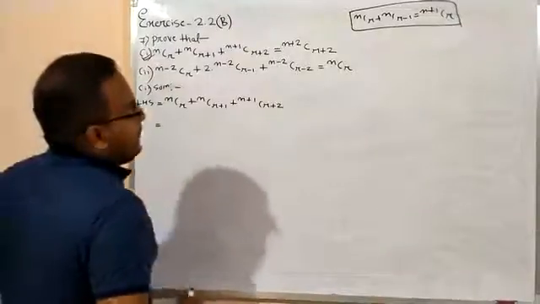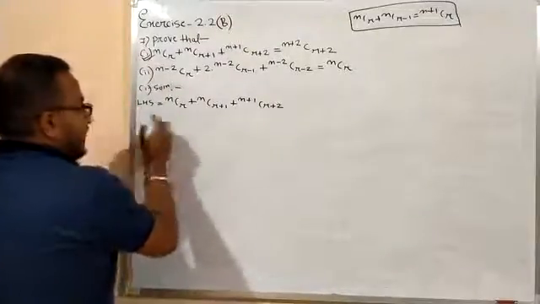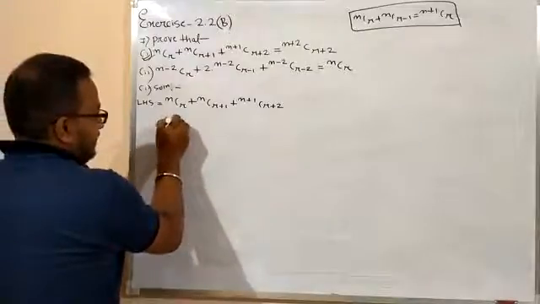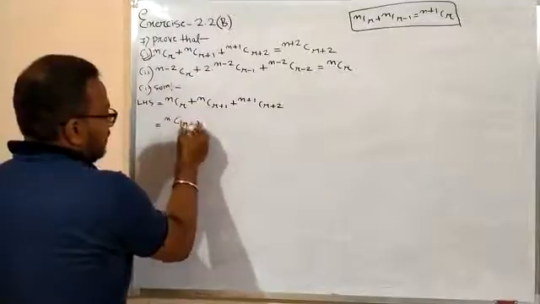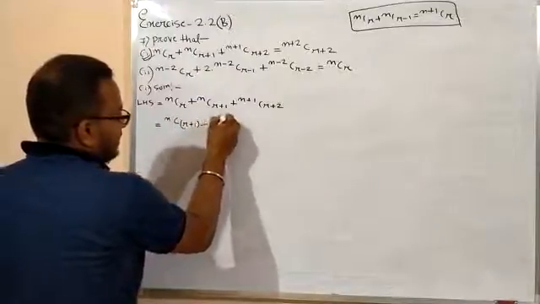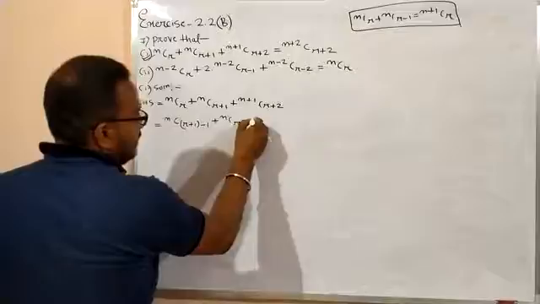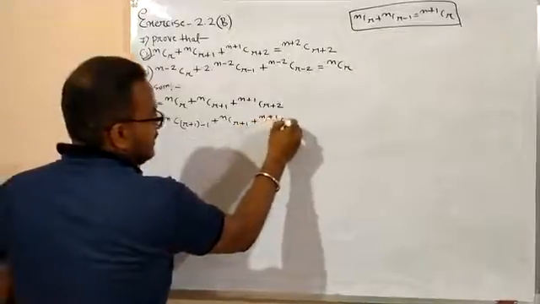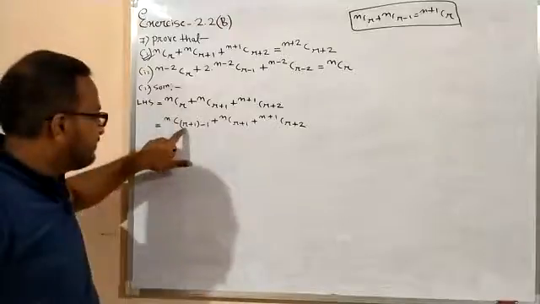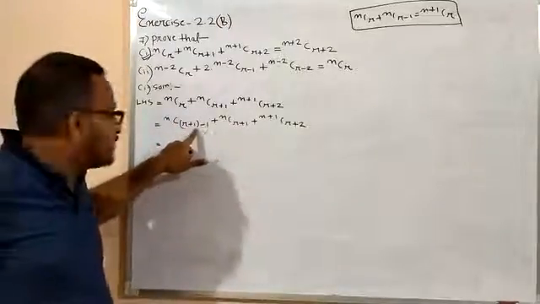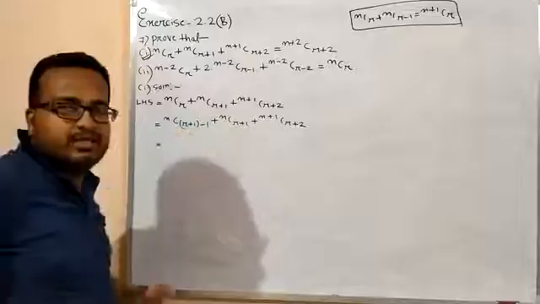Now you see, I can write this one as nC(r+1-1) plus nCr+1 plus n+1Cr+2. Isn't it? I can write r as r+1-1. Because plus 1 minus 1 will cancel with each other.